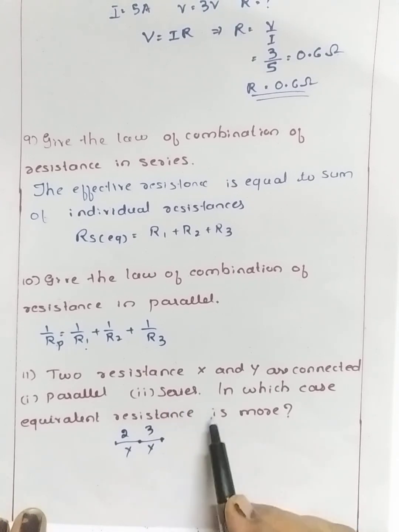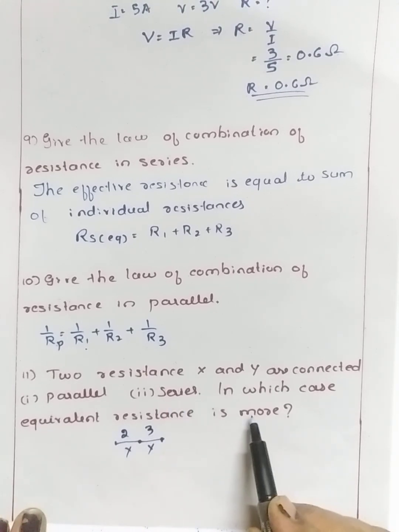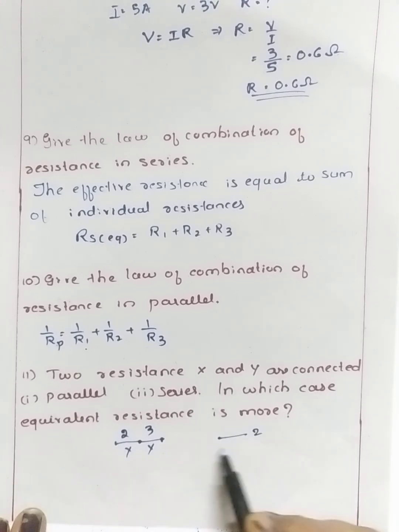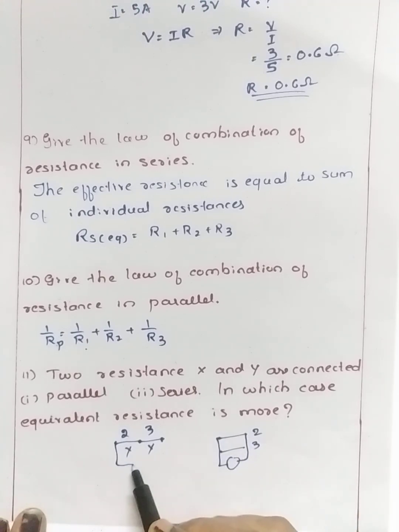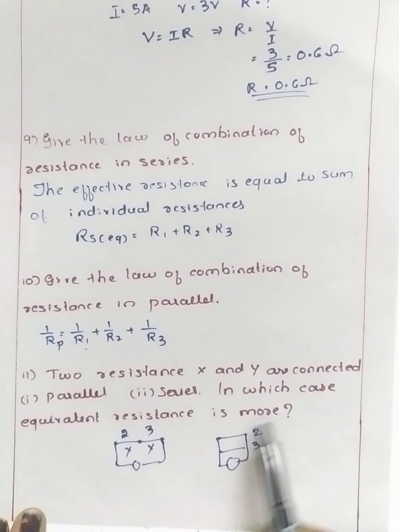Now with the same resistances, they are connected in parallel. So this is 2 ohm and this is 3 ohm resistance. These are connected in parallel and these are connected in series. So question is, in which case the equivalent resistance is more?